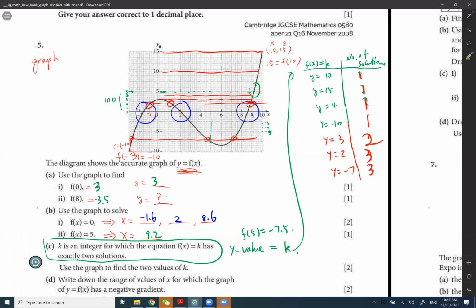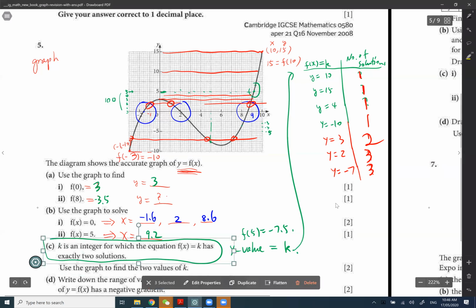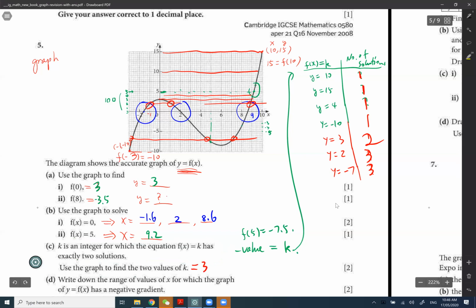The other one is negative. What was that? They ask you for an integer value. So k could be 3. K equals 3. Where's the other one? They ask you for 2 values of k.